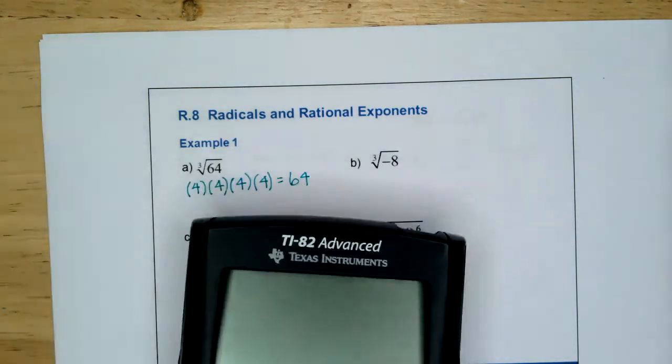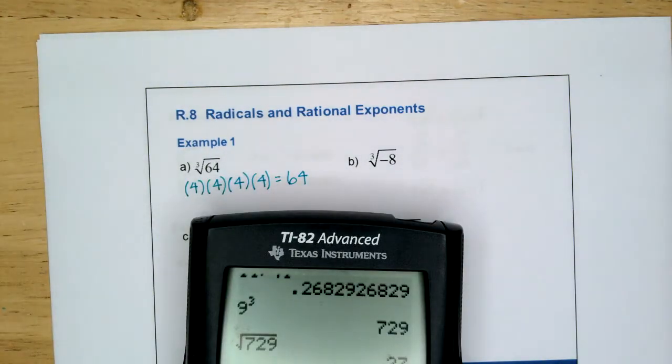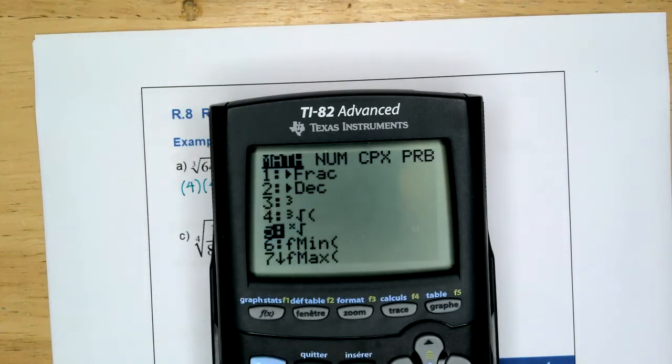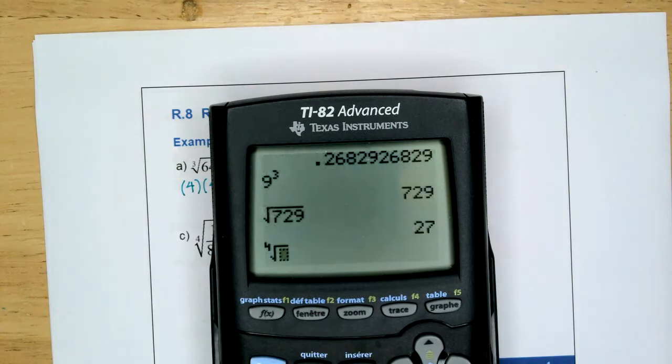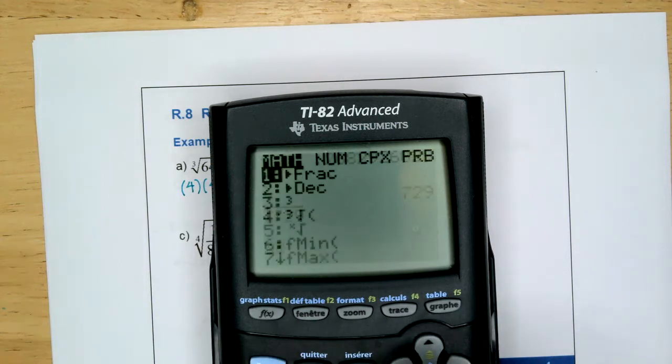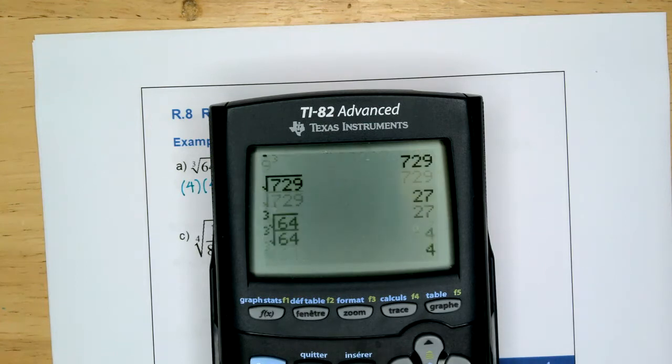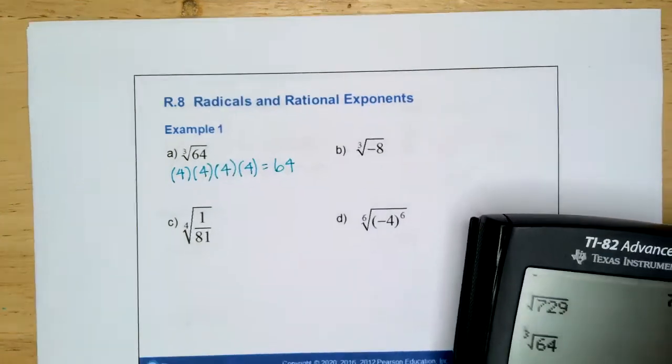On your calculator, you can hit math, then go down to number 5, which has the x root. So you can put a 3, go down to 5, and then say 64. The cubed root of 64 is 4.